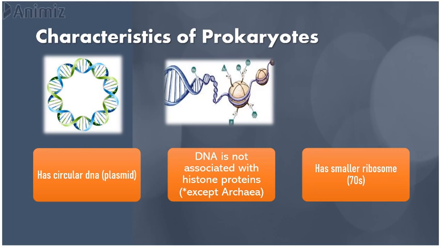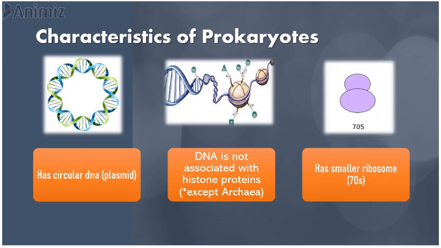So all bacteria do not have histone protein with their DNA, except for Archaea. And other than that, prokaryotes also have smaller ribosomes compared to eukaryotes, which is the 70S. So S is a unit that we use to measure the size of protein.